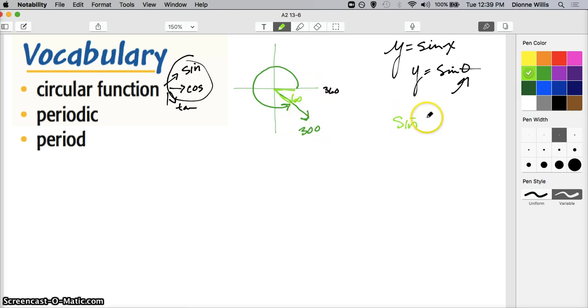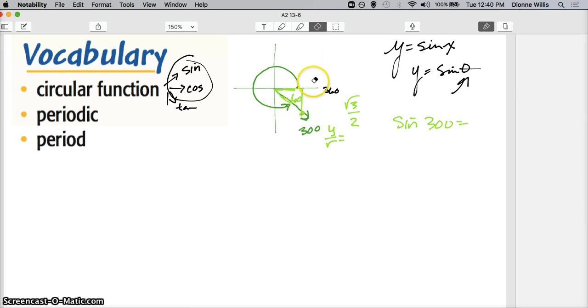So the sine of 300 degrees would be similar to the sine of 60 degrees, which is the square root of 3 over 2. But since the terminal ray is in this quadrant, and remember sine is defined as the y value over the r value, we would end up with a negative value because y is negative.